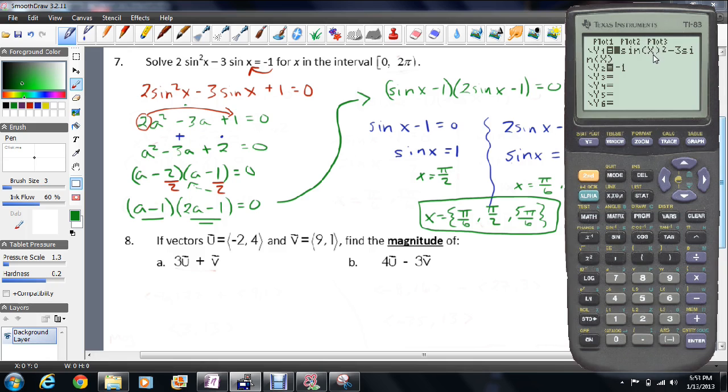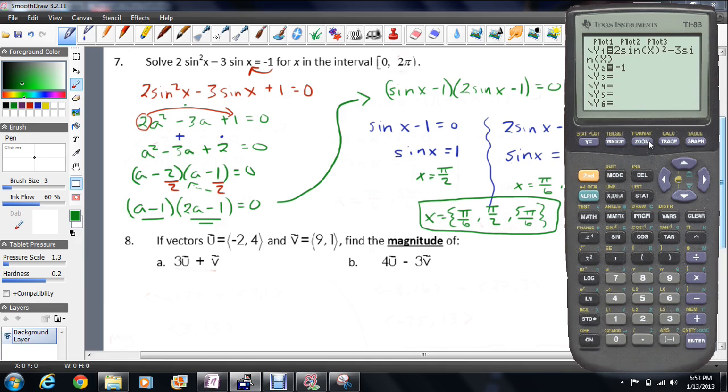So what I did was I plugged in the left side of the equation, 2 sine squared of x minus 3 sine of x, plug that into the first, and then what it's equal to into the second. We want to know when these two things are equal, or graphically speaking, when they intersect. So it's just a nice little trick.